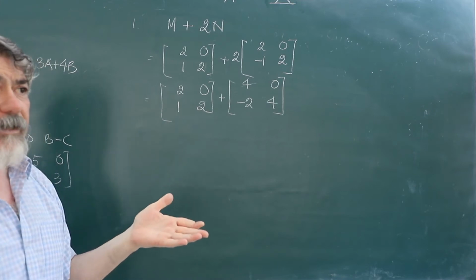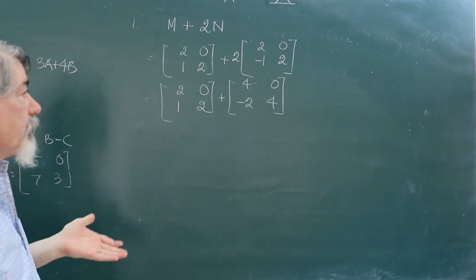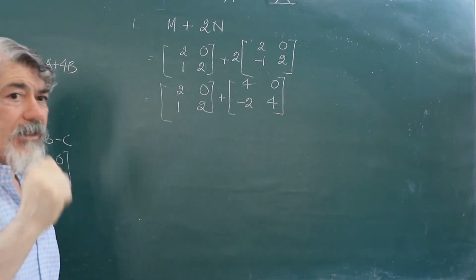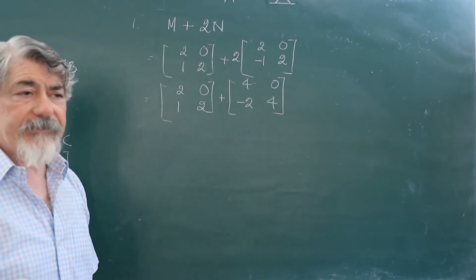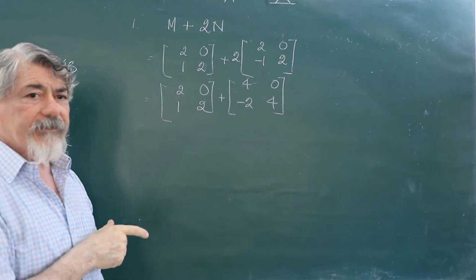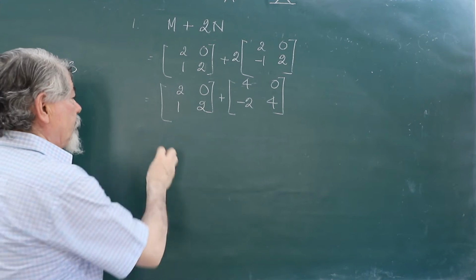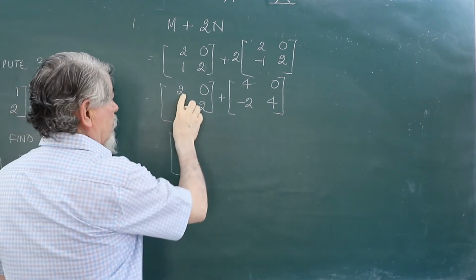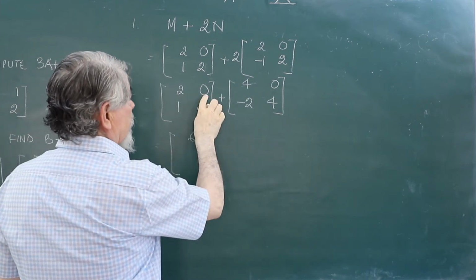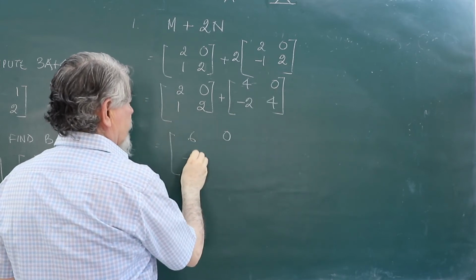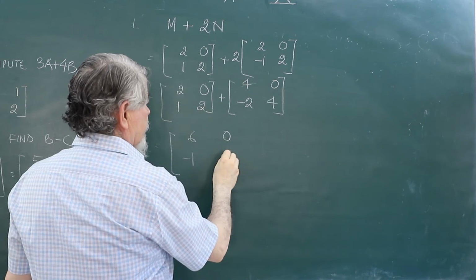Then simply you add. What is the process of adding? The process of adding is very simple. Corresponding elements of the two matrices, or whatever the number of matrices given, here only two matrices are given, so their corresponding elements will be added. For example, 2 plus 4 is 6, 0 plus 0 is 0, 1 minus 2 is minus 1, and 2 and 4 is 6.